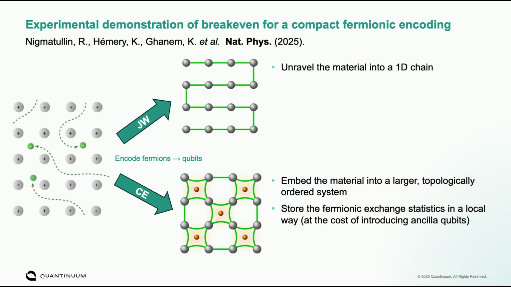And the different encodings: in the Jordan-Wigner, basically, you unravel the material into a 1D chain. Whereas with this compact encoding, you embed the material into a larger topologically ordered system. And you store the fermionic exchange statistics in a local way by implementing these ancilla qubits shown in red on the bottom plot.